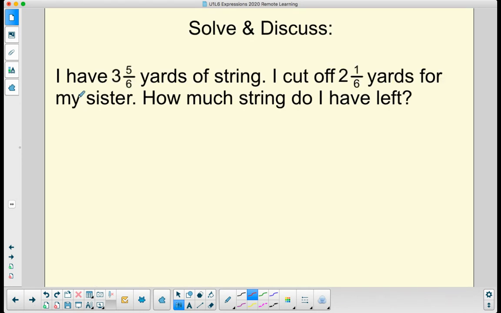Now to subtraction. I have 3 and 5/6 yards of string. I cut off 2 and 1/6 yards for my sister. How much string do I have left? So let me see here.